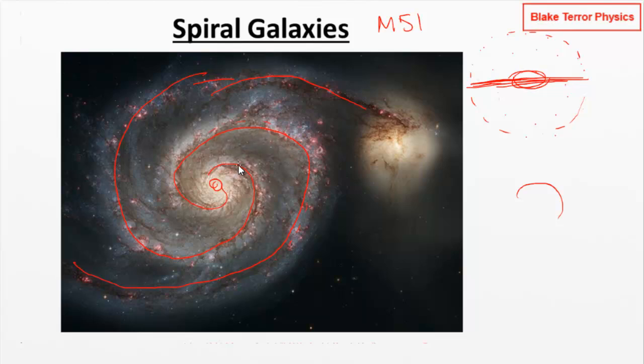At the center of most of these spiral galaxies, particularly the large ones, you're going to have a supermassive black hole right in the middle. So inside this central bulge, you've got a big black hole there. Now, we can't see that much of our galaxy. Okay, you can see the spiral arm we're in. You go out in the dark sky and you look overhead, you'll see the Milky Way stretching across the night sky.